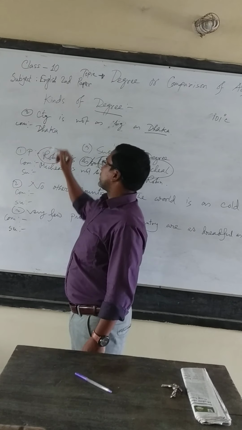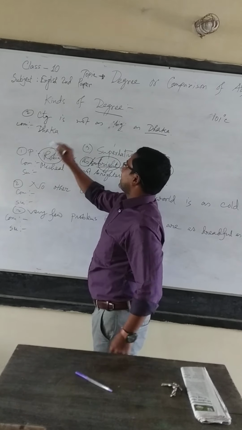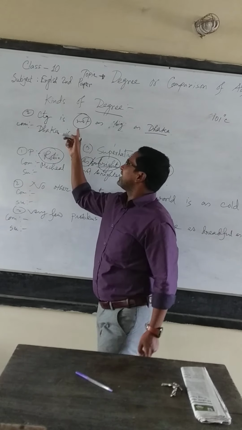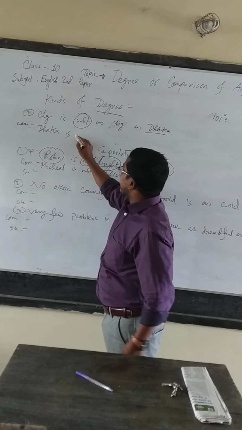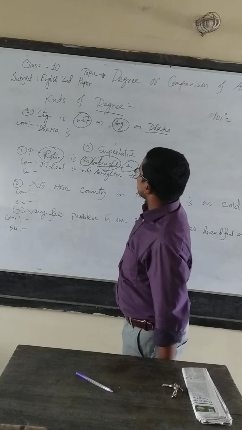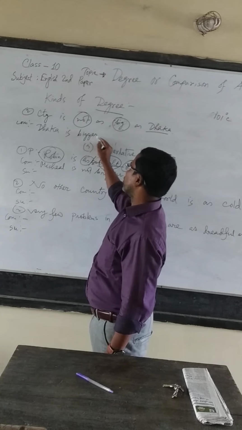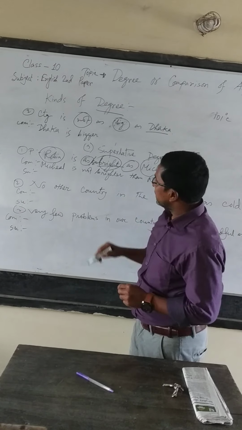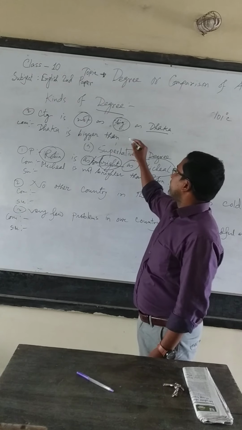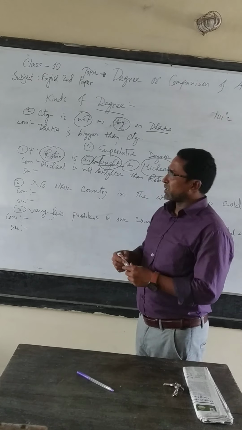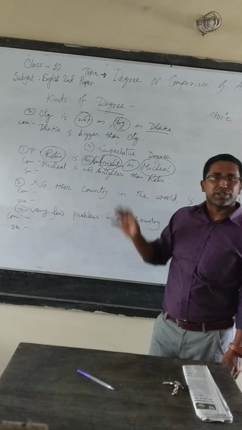The object of the positive sentence will be the subject of the comparative. Then I wrote here, that is. You can see the adjective is big. The comparative form of big is bigger. Then we take than, because it is comparative, then the city. So the subject of the positive has become the object of the comparative. Have you understood this?